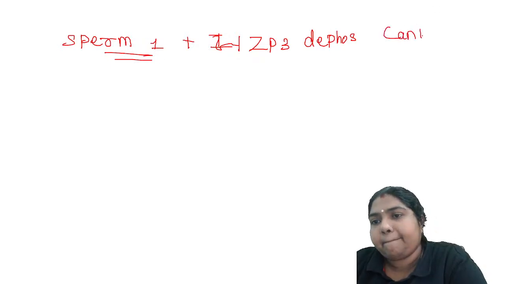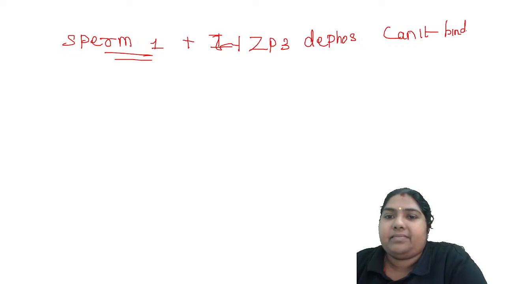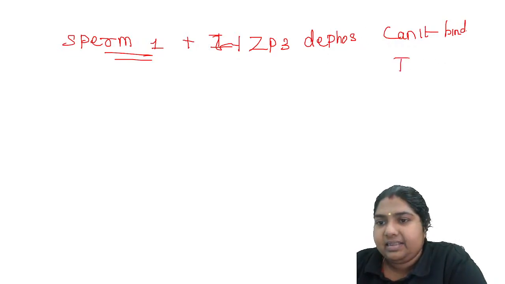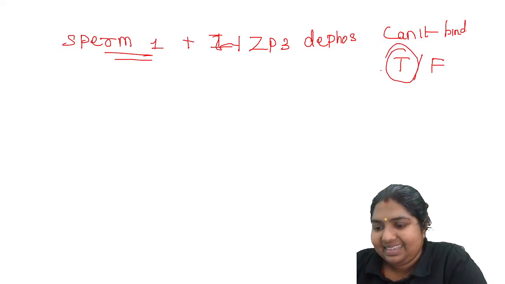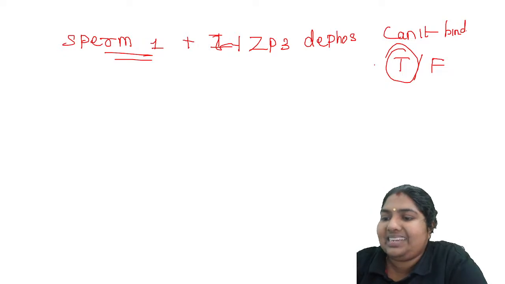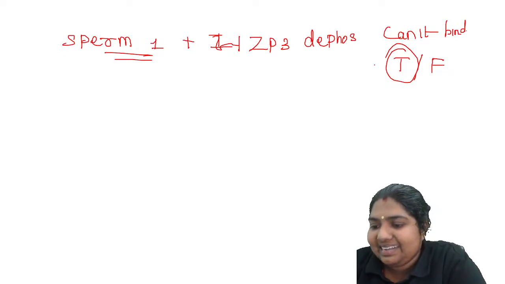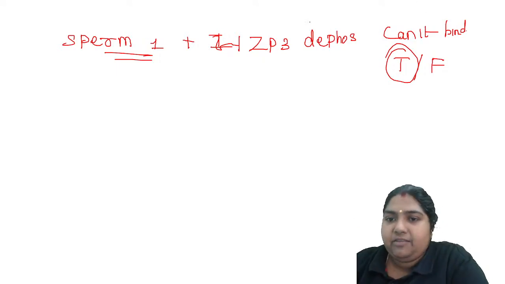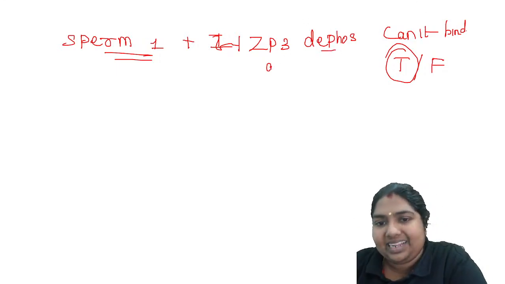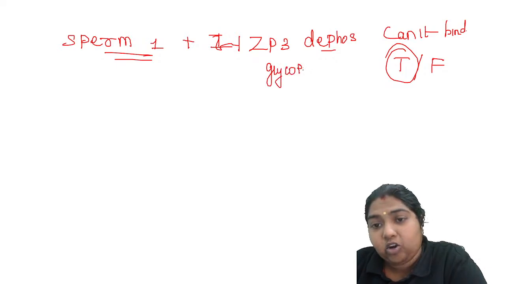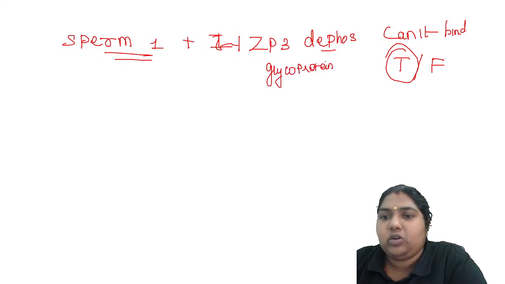Can it bind? Think and answer. I am saying that it can bind. How many of you understand that definitely it will bind? Yes, it is going to bind, because even if you dephosphorylate, my glycoprotein is still there and active. So it is going to bind.